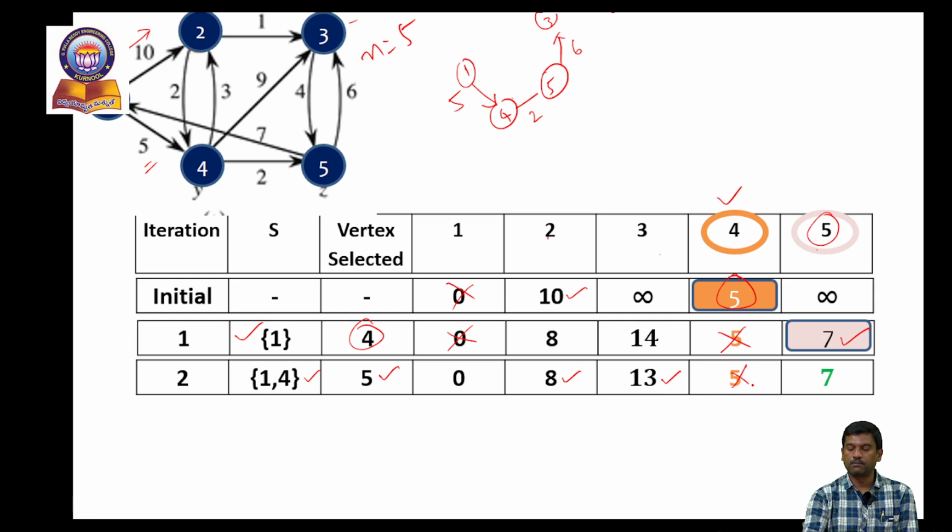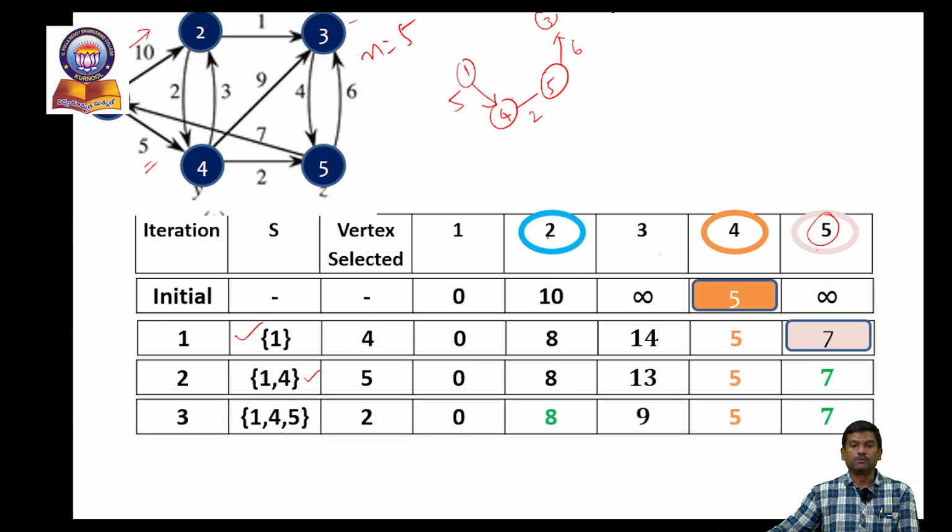So you should not take this because already we have taken it into the solution set. So what is the minimum between the other values that are present within this solution's iterations? Already we have considered vertex 4, vertex 5, and between the remaining, the minimum is equal to 8, and you have to choose that vertex into the vertex selected column.